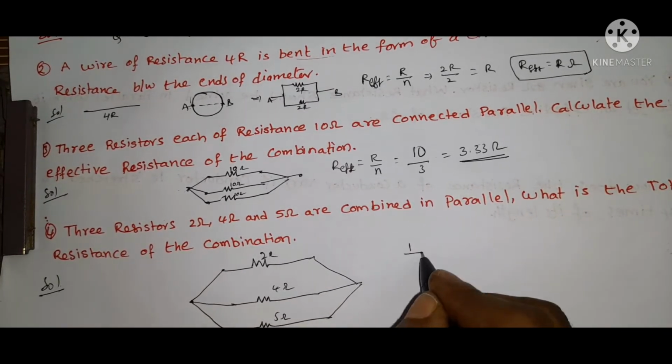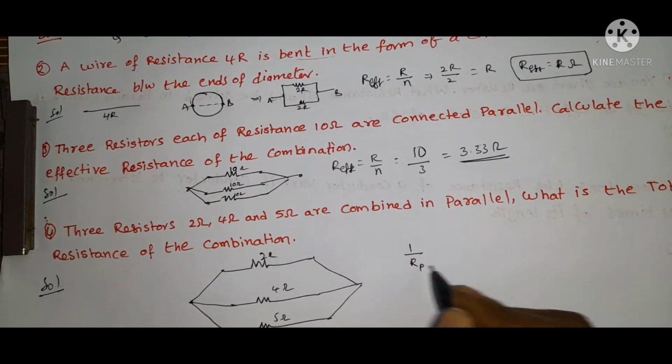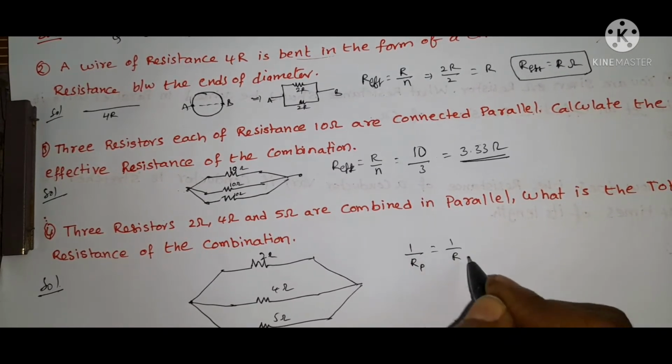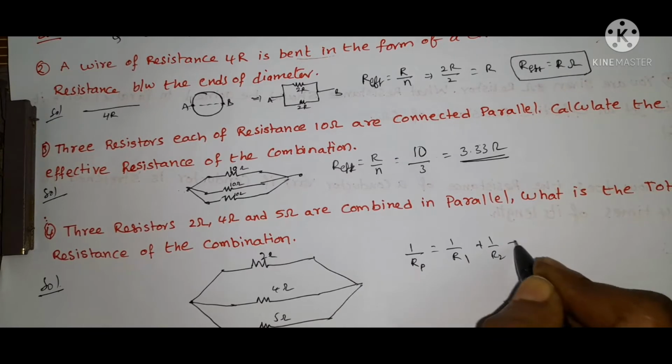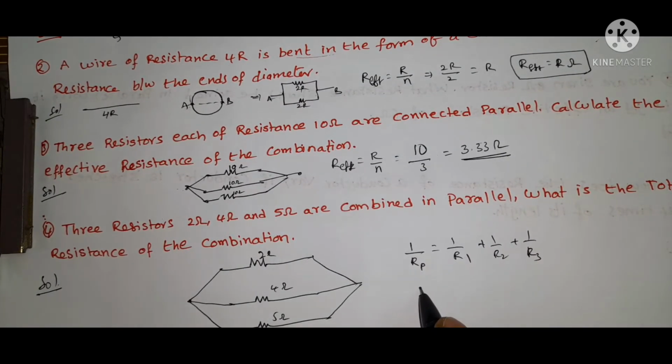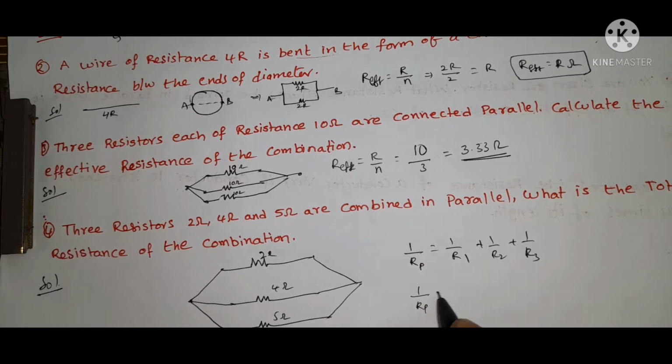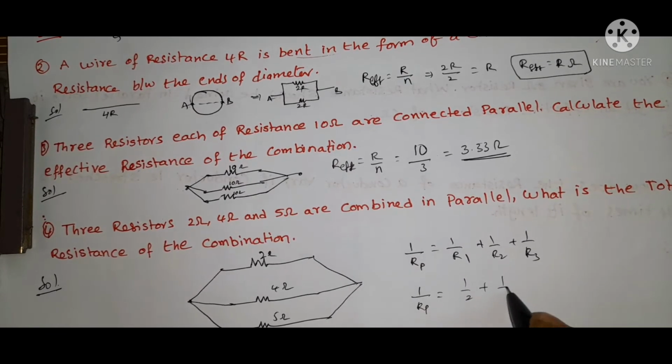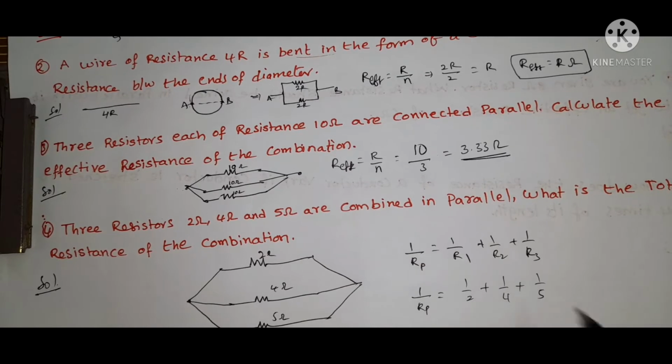If they are connected in parallel, as you know the formula, 1 by RP is equal to 1 by R1 plus 1 by R2 plus 1 by R3. So substituting, what you will get? 1 by RP is equal to 1 by 2 plus 1 by 4 plus 1 by 5.